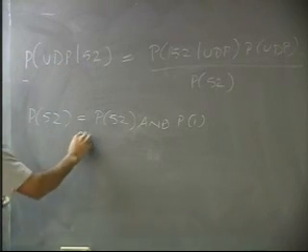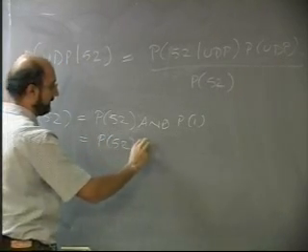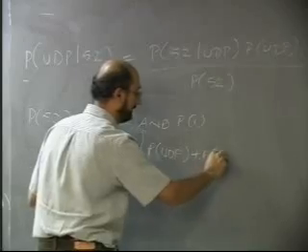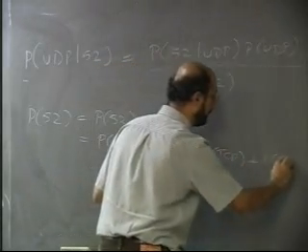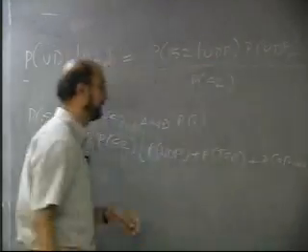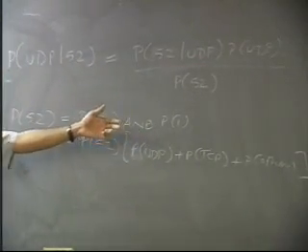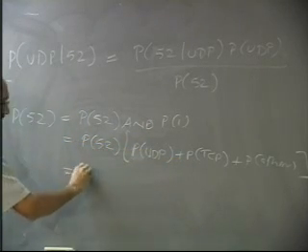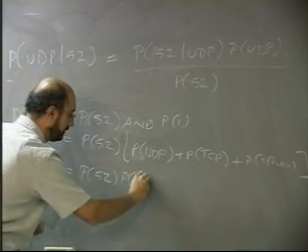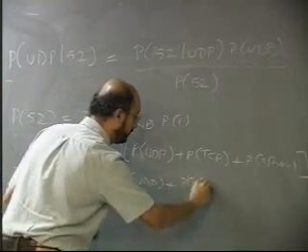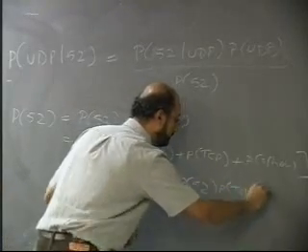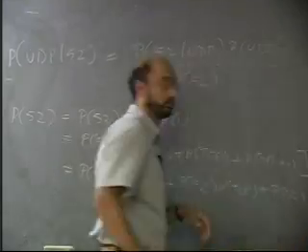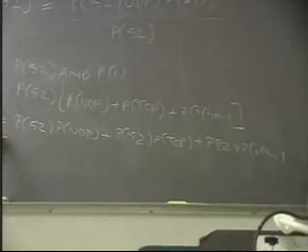Because it's true, it's just nothing more than P 52 times P UDP plus P TCP plus P other, right? Because it's either UDP or TCP or other. Those three of them cover the sample space. So P1 is these three things. And so this is nothing more than P52 P UDP plus P52 P TCP plus P52 P other, right? And now I can just multiply these out.